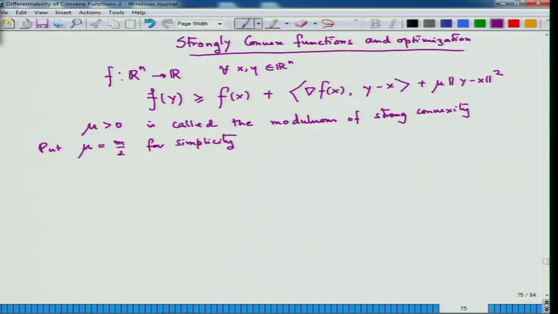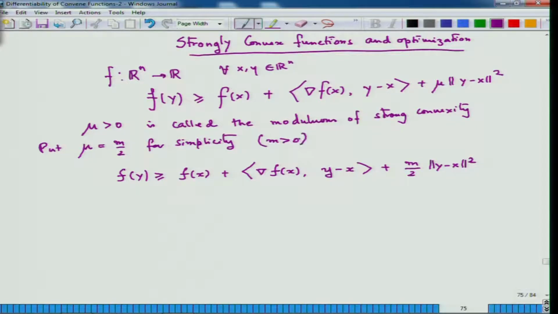Once I do that, this expression would now be written with m, where m is of course some quantity bigger than 0. Now, m is nothing but twice mu.